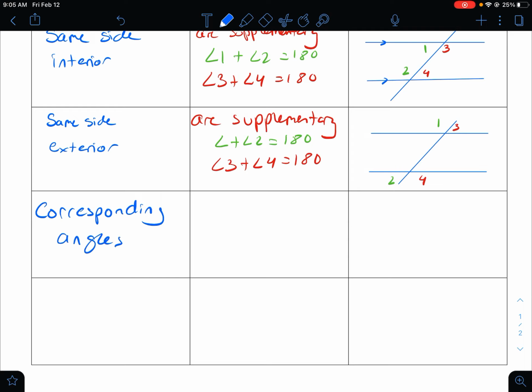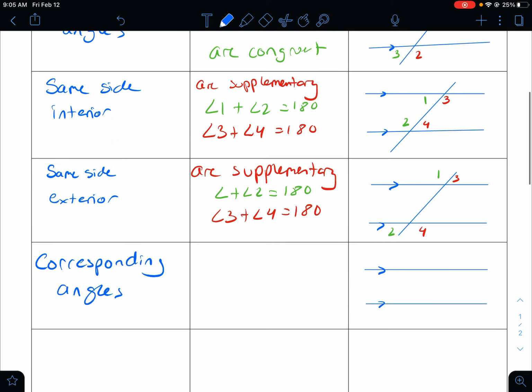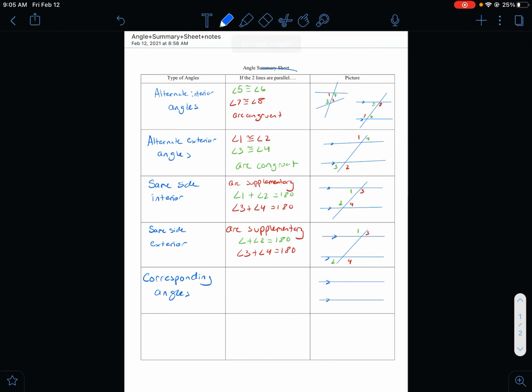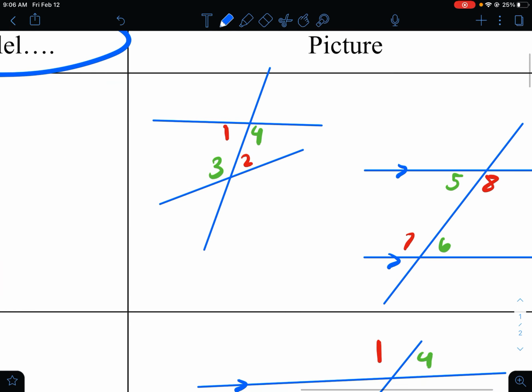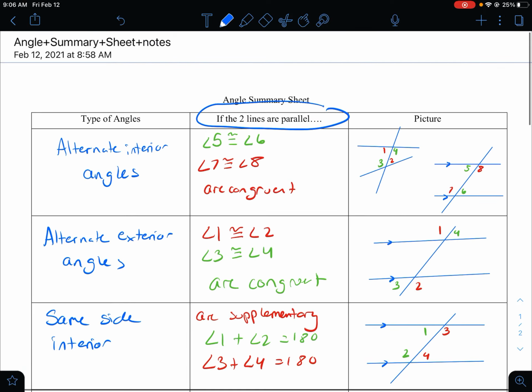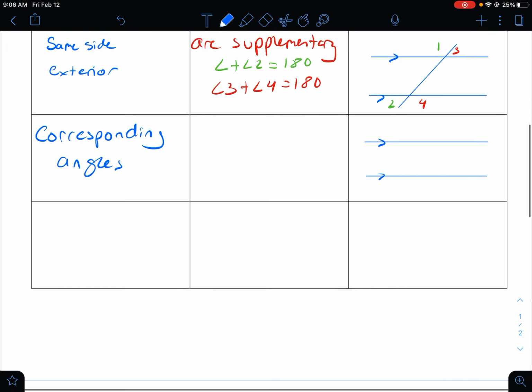So corresponding angles. Oh, I forgot to draw that this is parallel. Here we go. We'll draw our parallel lines. And again, these rules in the middle only apply if these two lines are parallel. If they look like this and they're not parallel, then these rules do not apply. They're still same side interior, same side exterior, what have you, but you can't say that those angles are then congruent or supplementary.